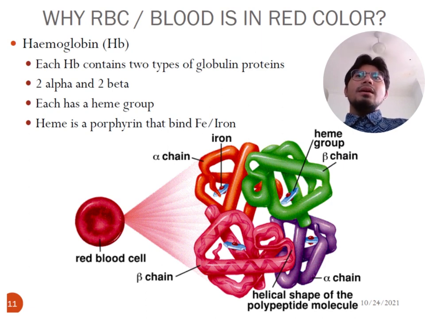So since each hemoglobin has four heme groups, it has the capacity to bind to four oxygen molecules. One hemoglobin can carry a maximum of four oxygen molecules.